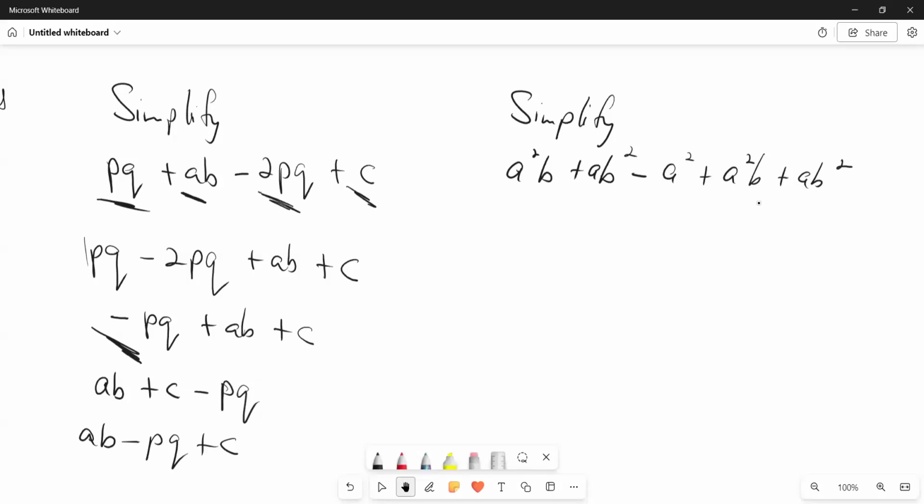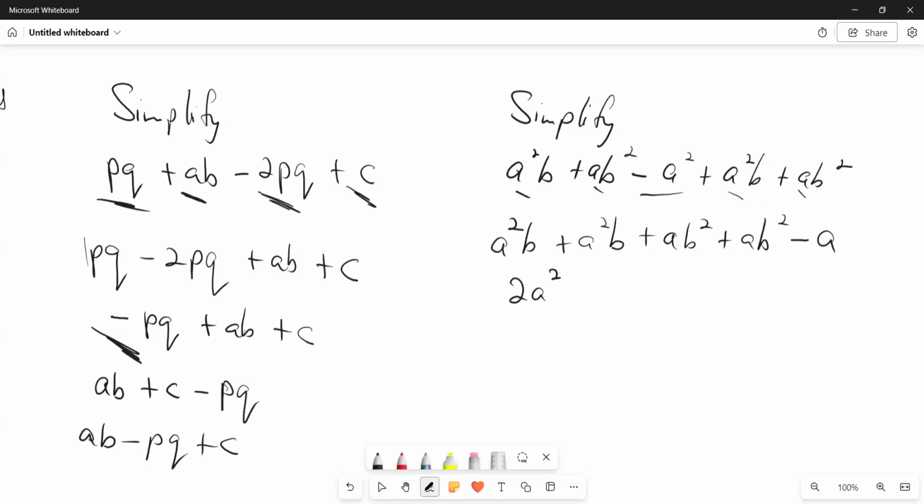Yes, we're seeing some a squared b, and we're seeing some ab squared, right? So we can take this one and this one, put it together. We're seeing this one and this one looking similar. And then this one is a little different, so you put it at the end there, no problem. So these two becomes 2a squared b plus 2ab squared minus a.